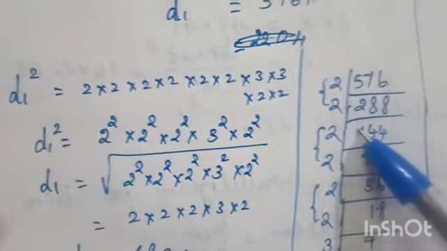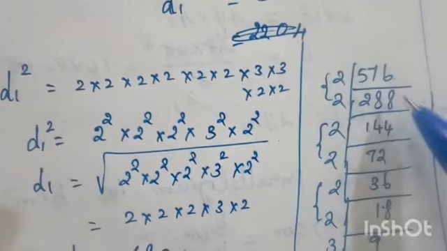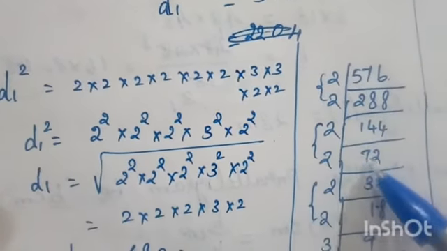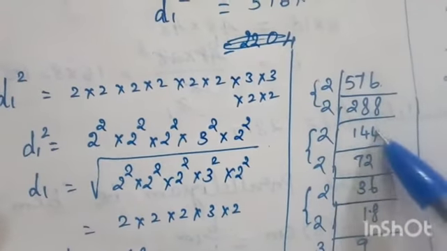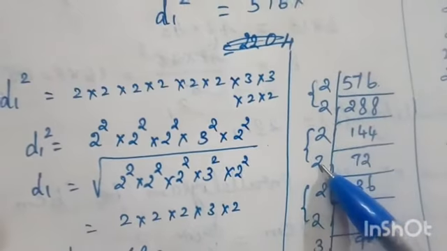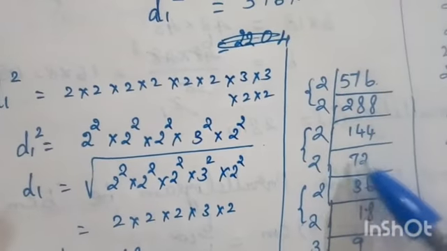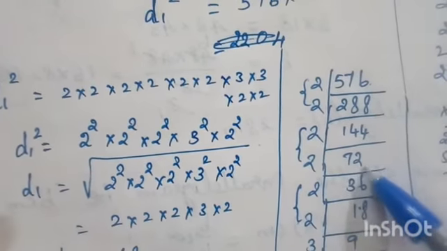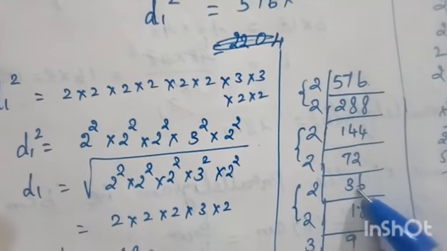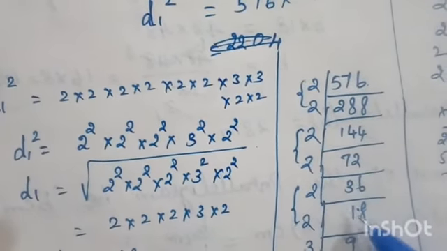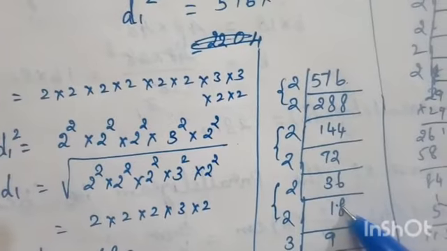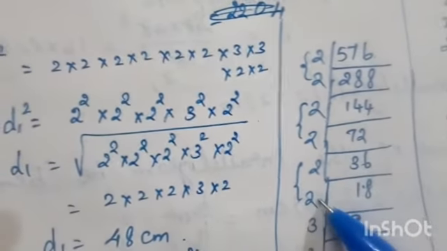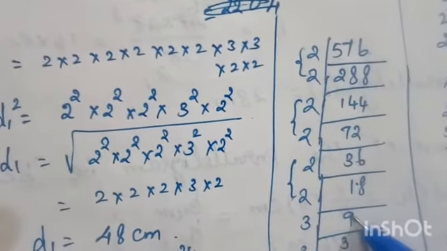Again 2 table: 1 2 is 2, 4 2s are 8. 4 2s are 8. Again 2 table: 7 2s are 14, 2 2s are 4. Then again 2 table: 3 2s are 6, balance 1, so that means 12. 6 2s are 12. 1 2 is 2, balance 1. 8 2s are 16. Then again 2 table: 9 2s are 18.